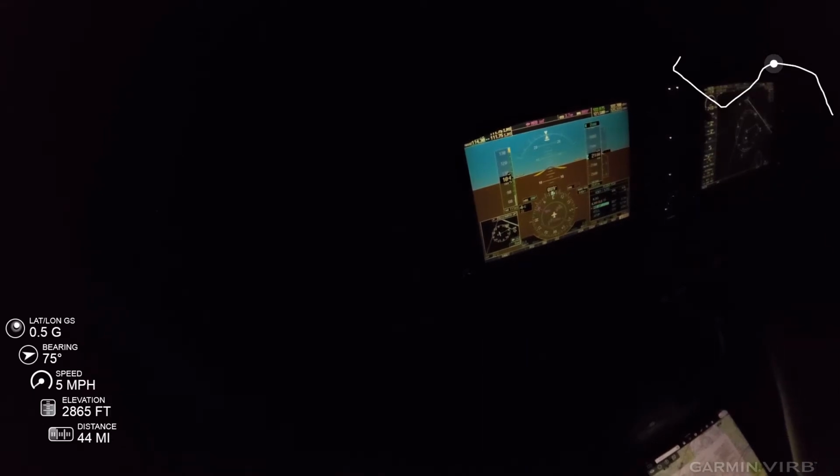Bring me in. Can you hear me okay? Yeah. Scavengers 220, right turn 120. 120. I'm steering you away from this traffic. I have it in sight. Traffic. I have it in sight, no factor.